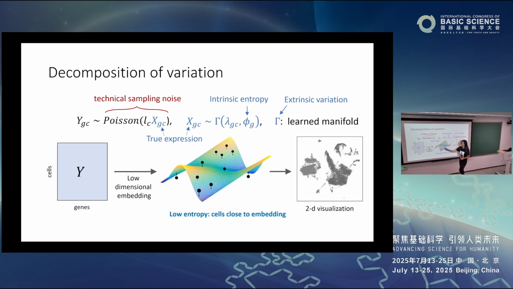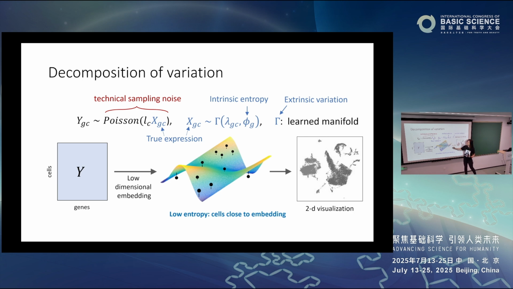So now let's get back to that decomposition of variation. Remember that our data comes to us as a cell by gene matrix. And we assume that the cells basically lie close to a low dimensional manifold that we fit to the cells. You can fit this manifold using a convolutional autoencoder, a variational autoencoder, or some simpler method. There are many ways of manifold fitting.